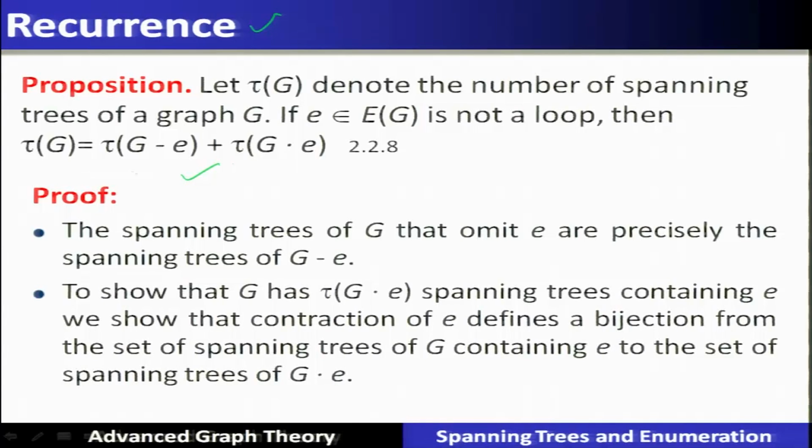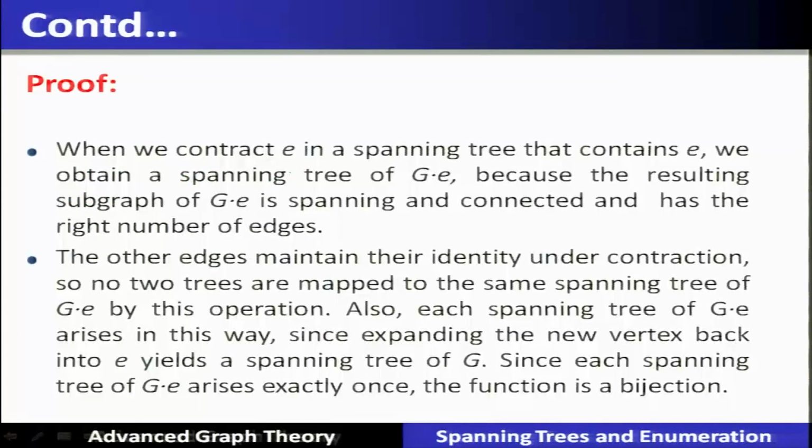If we remove that particular middle edge E, the diagonal edge, we have to count how many there are, and then when we contract it, how many there are, and the sum of them will become the total number of different spanning trees.